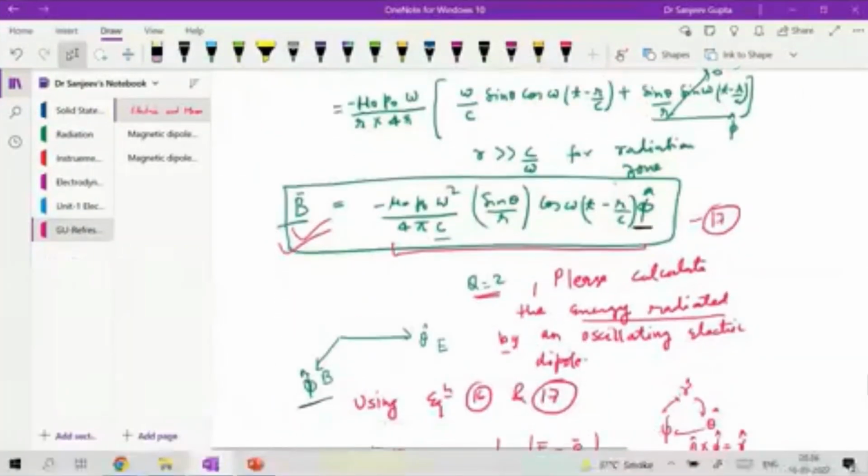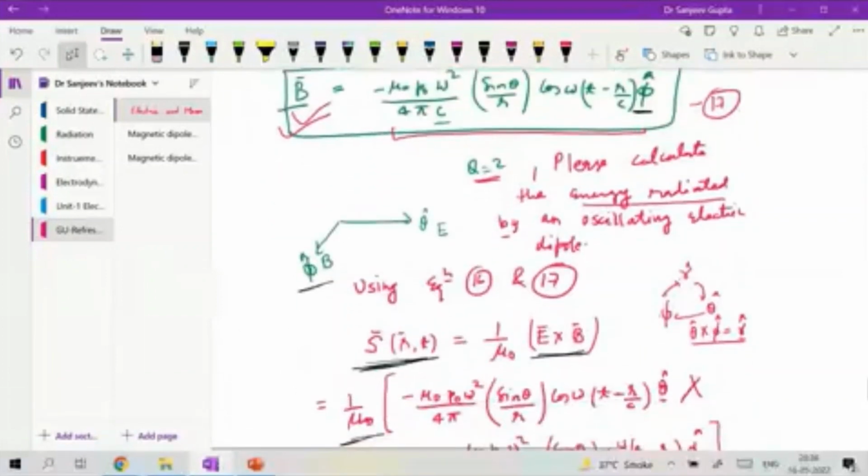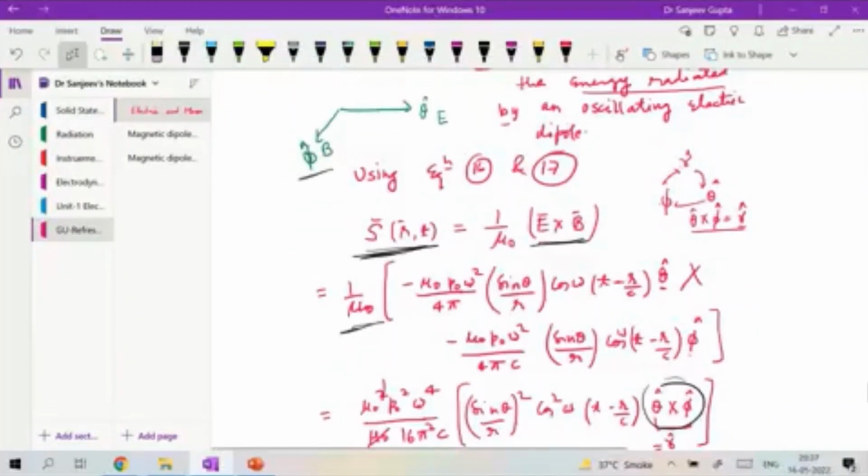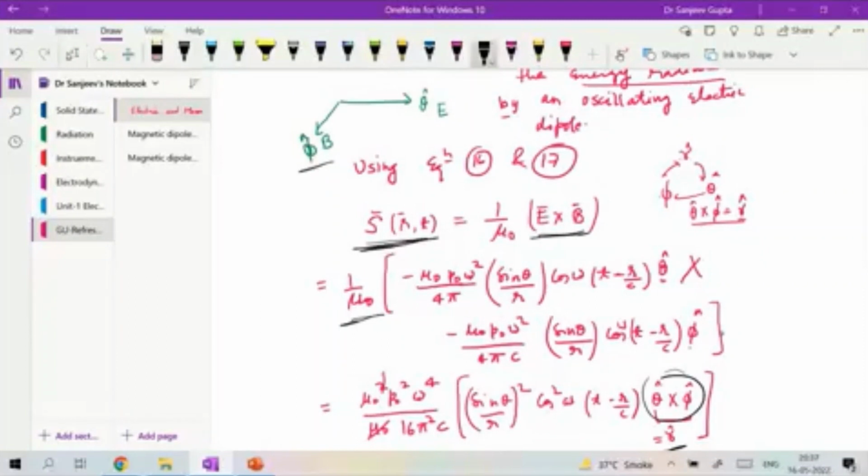And then another question comes to mind. If you have the electric field and magnetic field, can you calculate the average? That was my second point. Our aim was to first calculate S. S is given by the Poynting vector, 1 upon mu 0, E cross B, and r, theta and phi you can take in cyclic order.